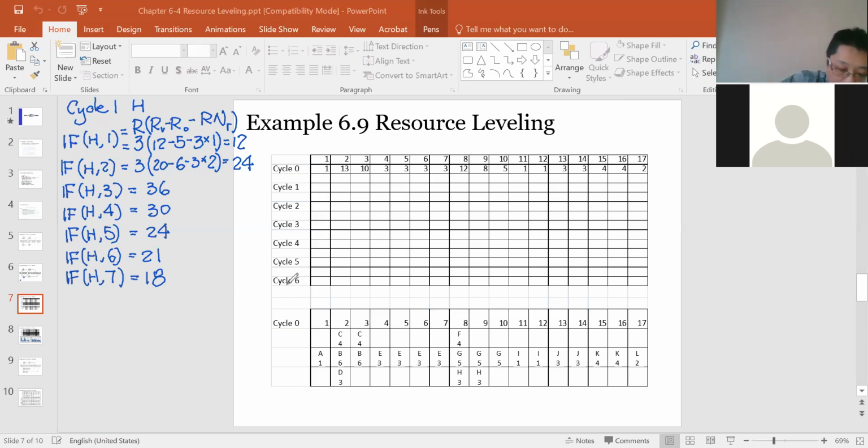So that's what we should pick over here. So we're gonna shift H for 3 days. H shift 3 days, which means H from 8, 8 plus 3 is 11. I should occupy here. H3 is not here anymore. This is how we're gonna handle it. Final decision is we're gonna shift this by 3 days.